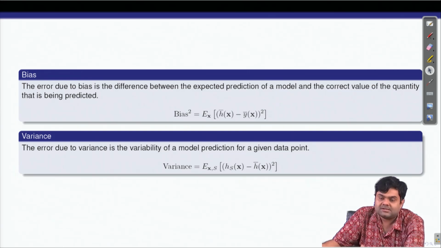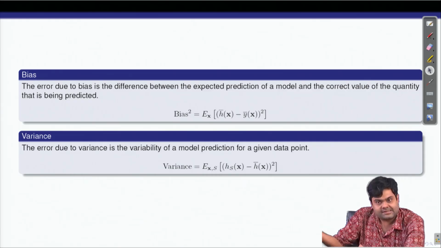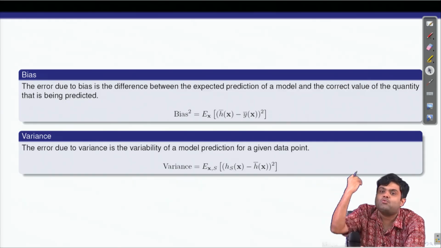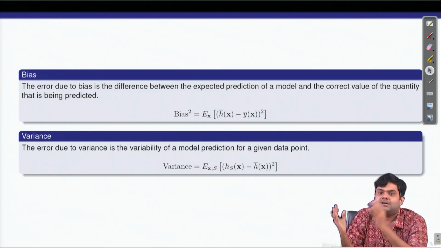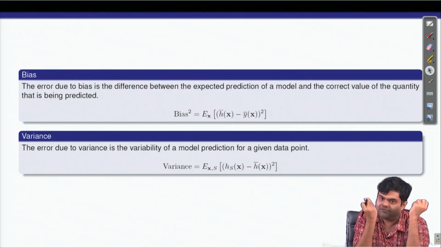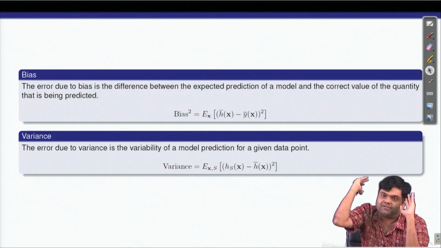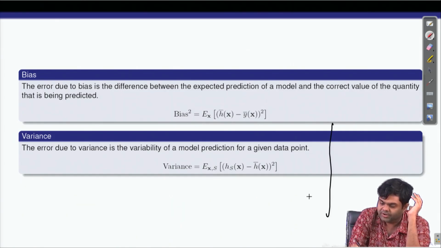Take y bar x, which is the conditional expectation of y given x, that is the average value of y when the value of x is small x. Take the square difference between these two. This square difference you find for every value of x, take the average over all x. This is the bias.